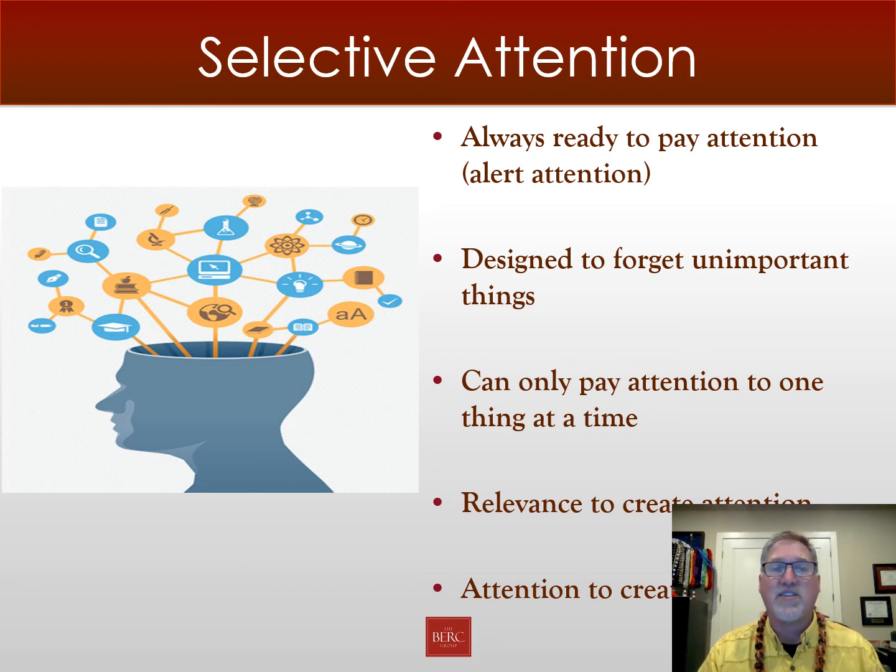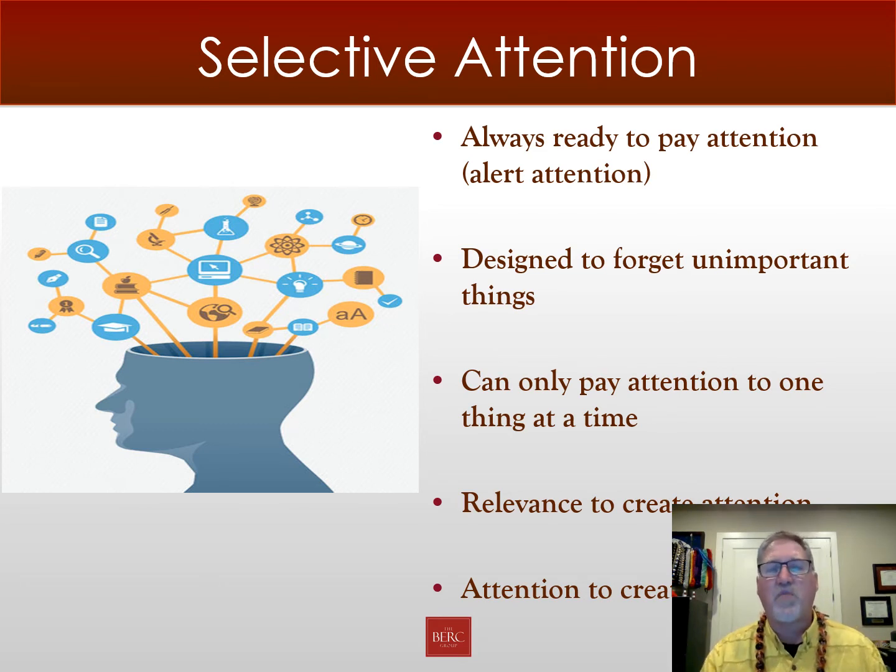Now, the next thing is, once we start talking, we start our class, we need to remember this: the brain is actually designed to forget unimportant things. So after about 90 seconds, if the brain doesn't determine that this is actually important to me, it starts to tune it out.